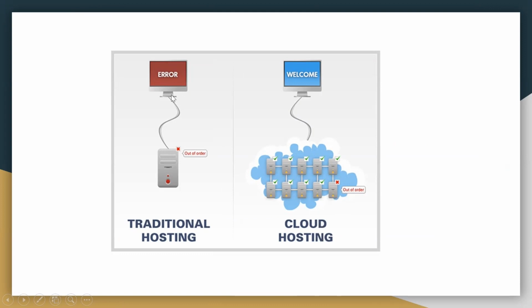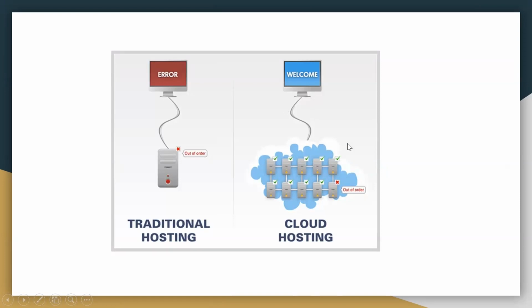Here we have seen a traditional setup. I showed the example that if the server is hosted on a local computer, and somewhere you are accessing from there, and I am hosting this one server, if my system crashes, then definitely you will not be able to access the data.